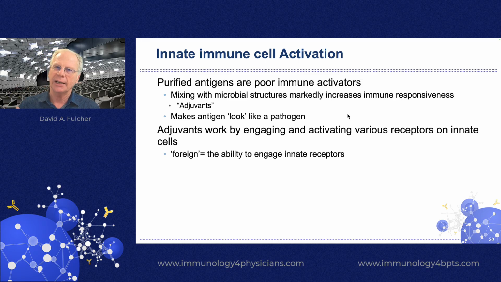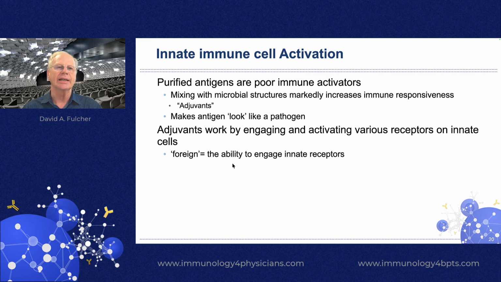What you have to do is take that protein and make it look like a pathogen by mixing it with microbial structures, which are often called adjuvants, things that will engage the innate immune system strongly and beef up the immune response. So many of the new vaccines will contain adjuvants, which will engage the innate immune response and increase the overall immune activation. And so basically we need to make it look foreign.